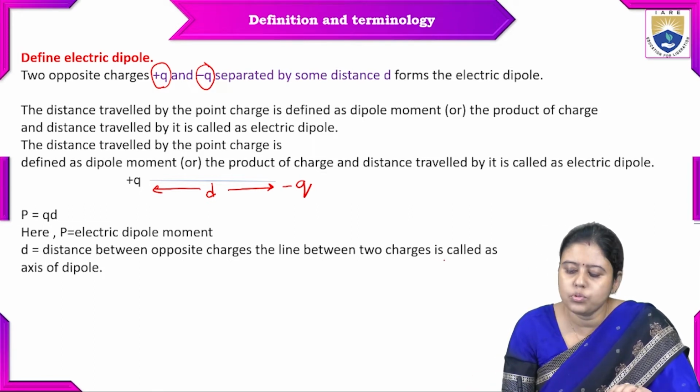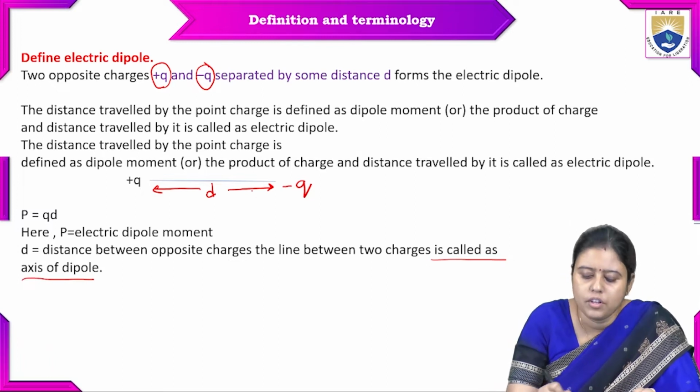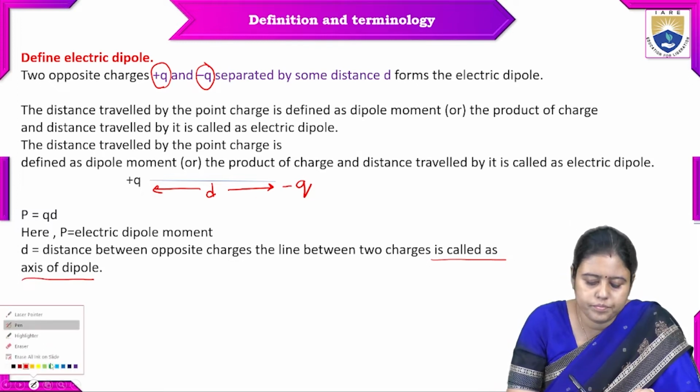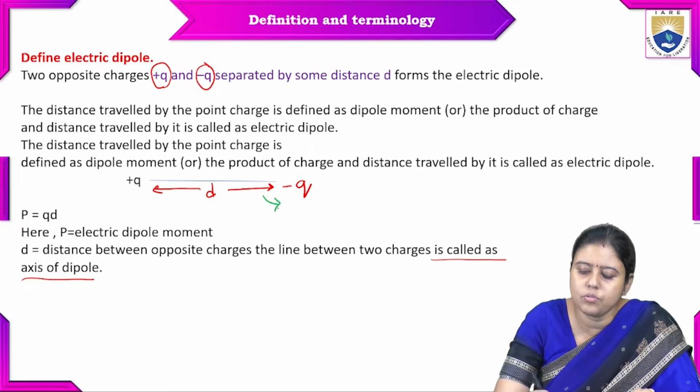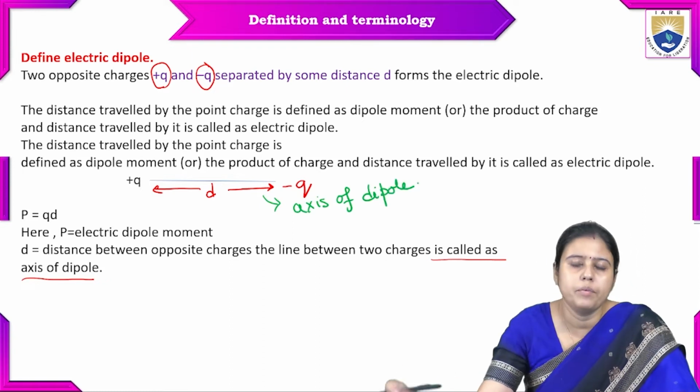That is why the line joining these two charges is called the axis of the dipole.